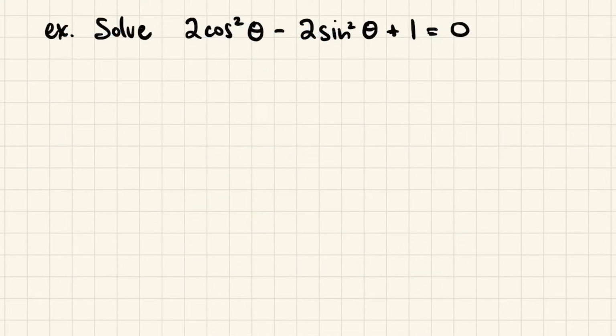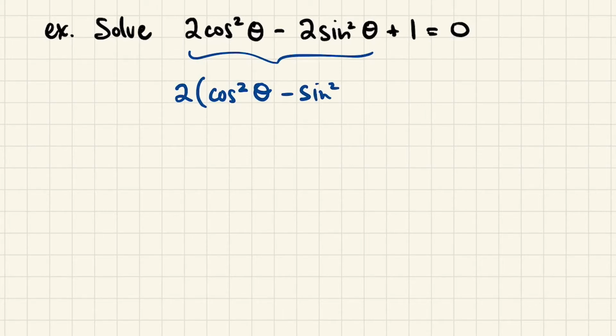All right, so in this one we have two different trigonometric functions, which means we should try to find a way to use an identity or try to factor them apart, and factoring here will be very difficult. So let's just use an identity. And what we can do is factor 2 out of the first two terms here, because that's going to give us cosine squared theta minus sine squared theta.